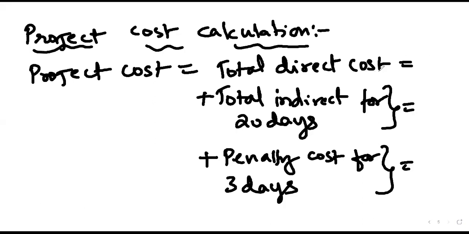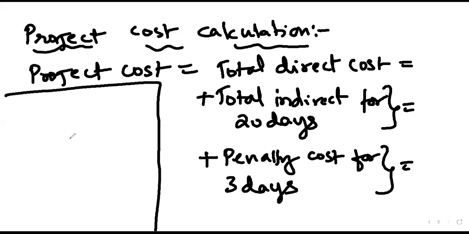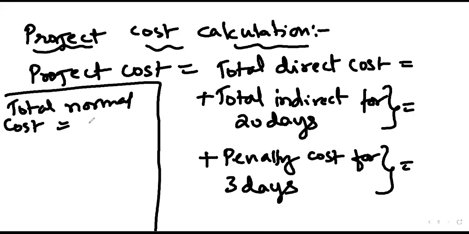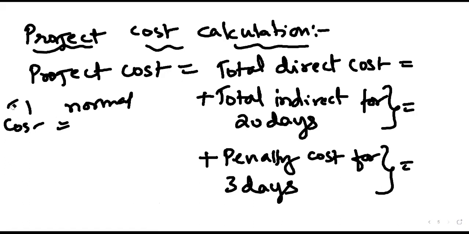Okay, so we have to first determine the total direct cost. How to determine the total direct cost? Total normal cost is how much? I think it is already calculated, is it right? It is given in the question statement itself, so we do not have to write this.